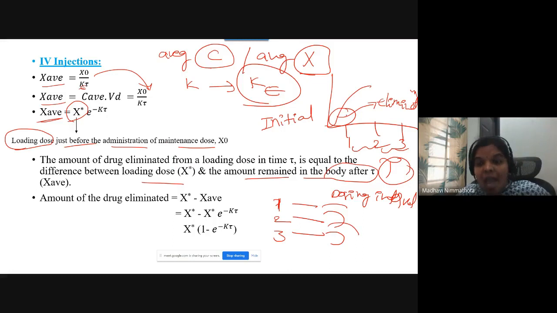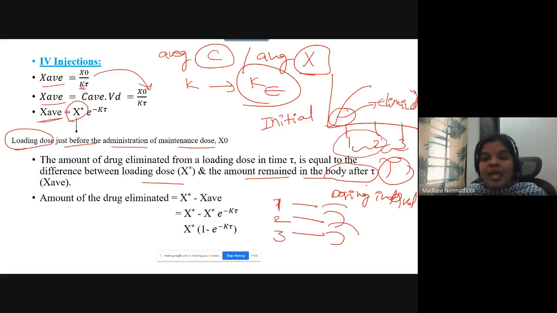So if you want to know how much of the drug gets eliminated from the loading dose at the first time interval tau, that is equal to the difference between the loading dose X star and the amount remaining in the body after taking your second dose. Some amount of the first dose of your drug remains in your body.